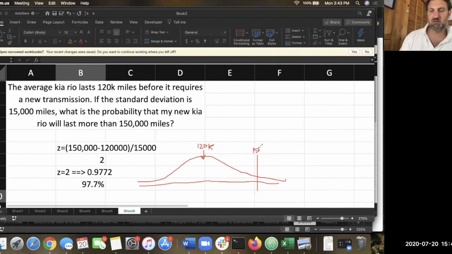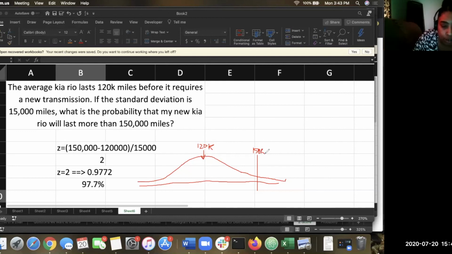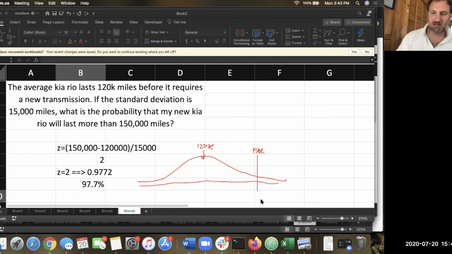So I'm drawing it up here. And I want cars that last longer than that or not as long as that. Well, I want my car to last longer, and that's the minority part up here. Longer, taller, heavier, bigger, that's to the right.